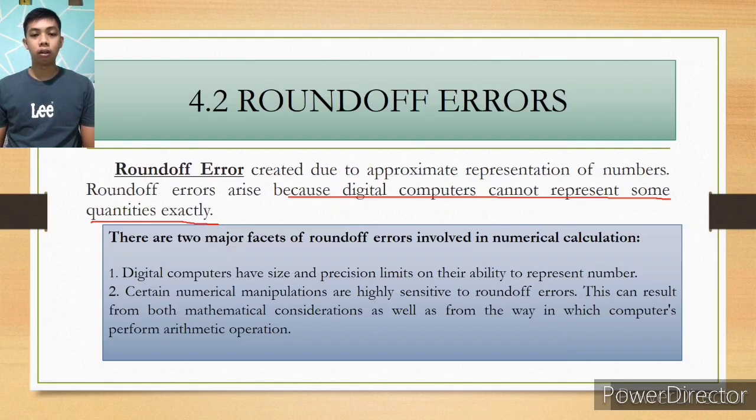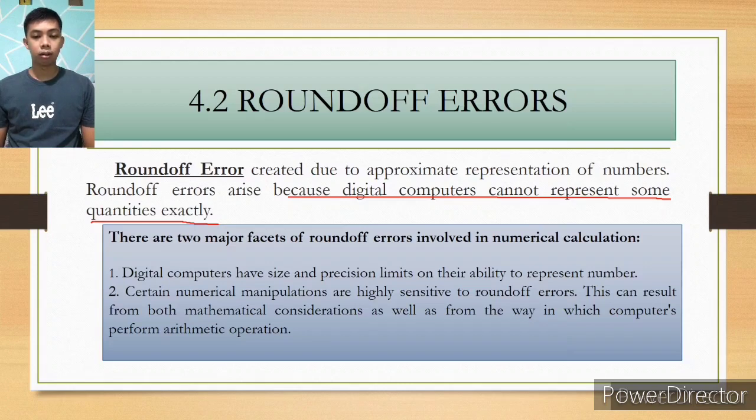First, digital computers have size and precision limits on their ability to represent numbers. Second, certain numerical manipulations are highly sensitive to round-off error. This can result from both mathematical considerations as well as from the way in which computers perform arithmetic operations.